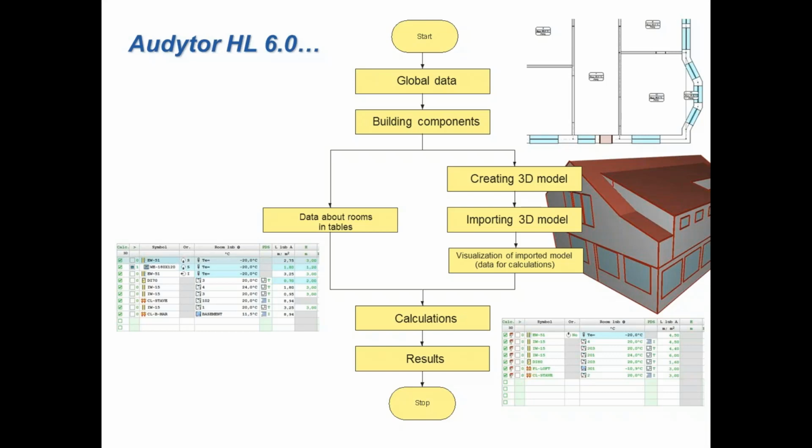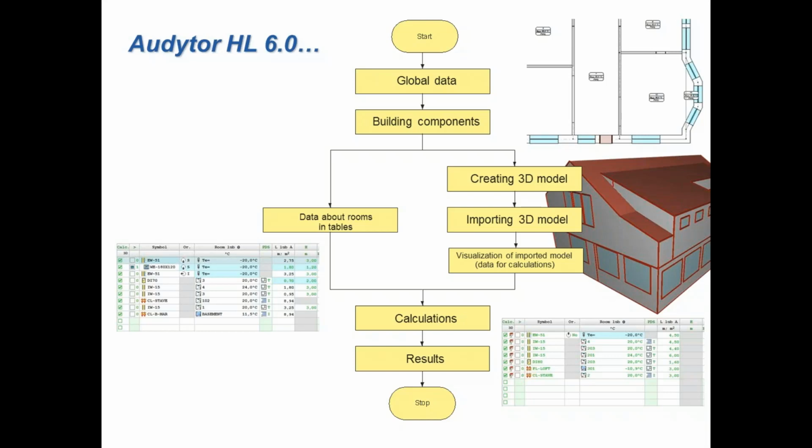For example, when we first draw the walls, the program can create the room zones, the floors in the rooms, automatically. The program can, for example, calculate the volume of the room, also in the case of complex shapes. So thanks to that, this graphical method is much faster than the table method.